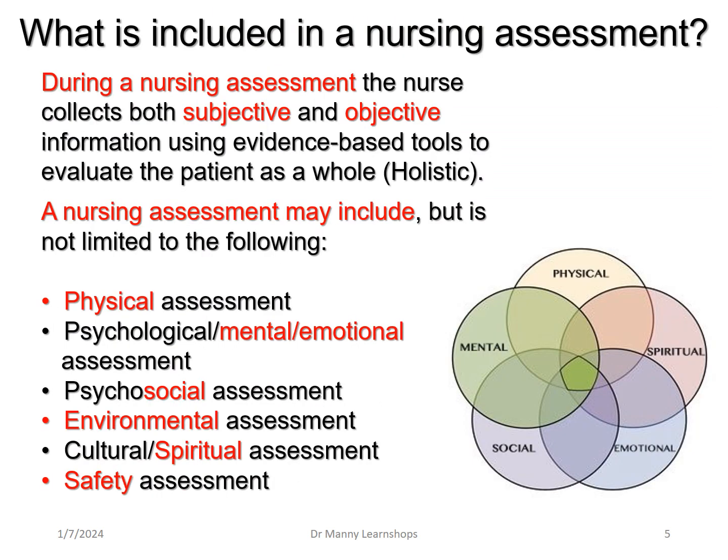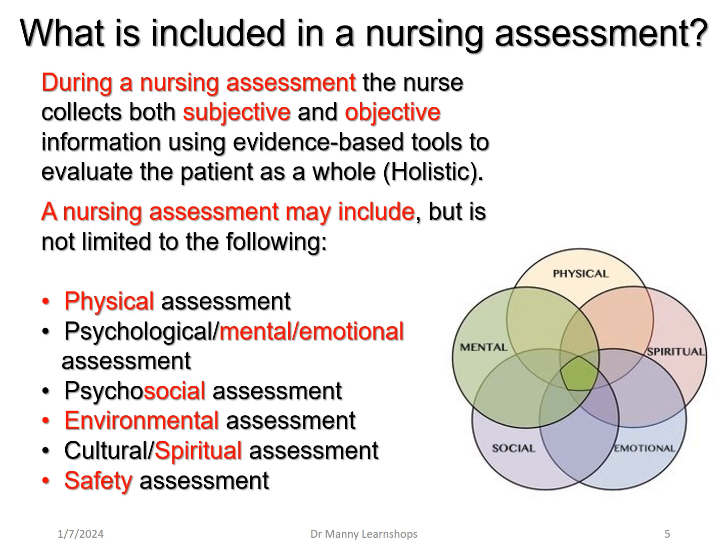So what should be included in a nursing assessment? We said this is where the nurse collects subjective and objective information using evidence-based tools to evaluate the patient, client, victim as a whole, holistic.